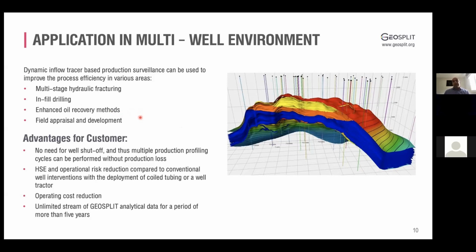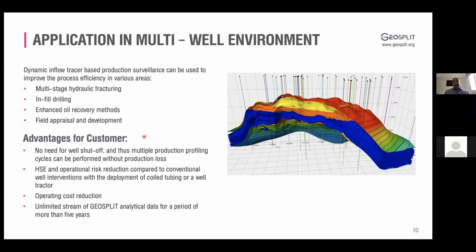Now, the key advantage of this technology to the client is that when you place quantum dots, you don't need to shut off the wells to be able to do the production profiling. So you're avoiding production deferrals, or any unnecessary closure of the wells.